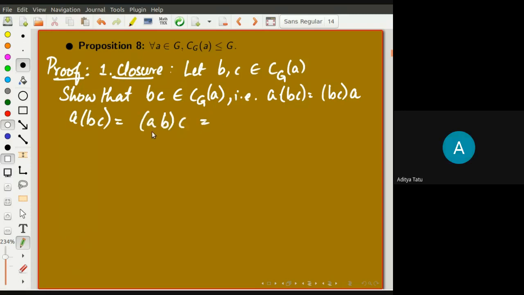Then what is AB? BA. So A(BC) equals (AB)C, which is (BA)C, again associative, B(AC). What is AC? It is CA. Right, so we are done.